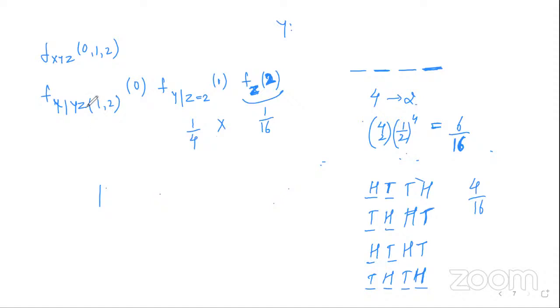Now, if x equals 0, it means on the first toss... But when we are looking at the conditional probability, we normally go by the probability of the intersection under the condition z equal to 2, and then the probability of the entire thing, right?